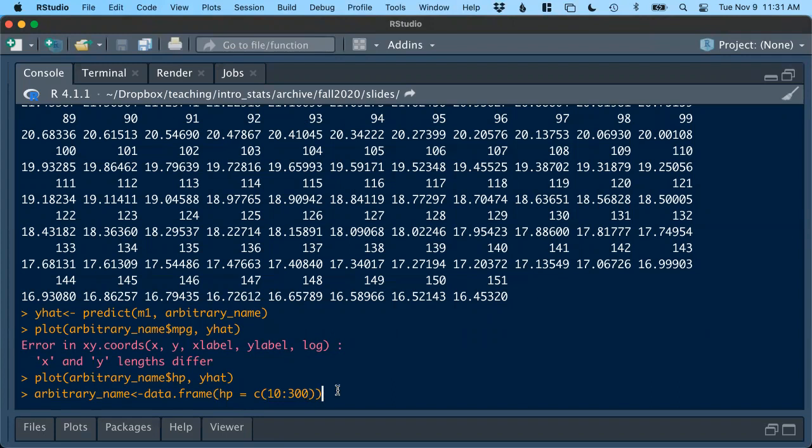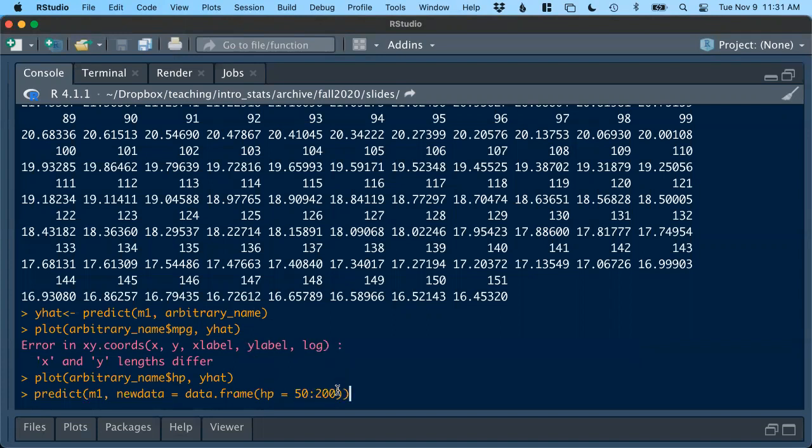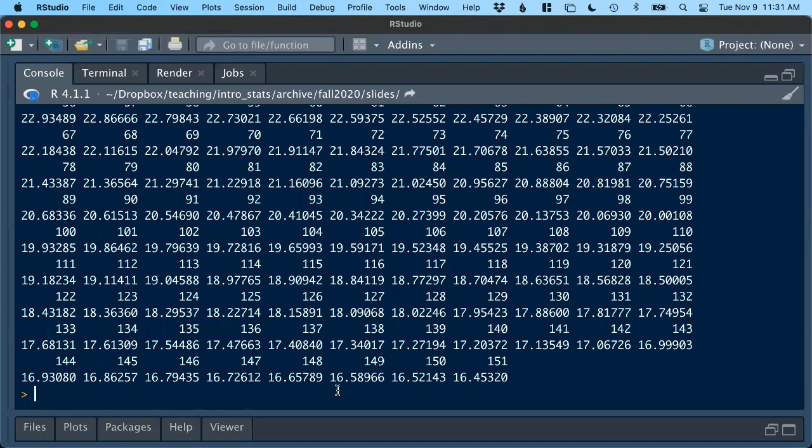I could also do predict M1, new data equals data frame HP equals 50 to 200. That'll work just the same. I don't necessarily need to define my new data as an object, but I can define it in line with the predict call.